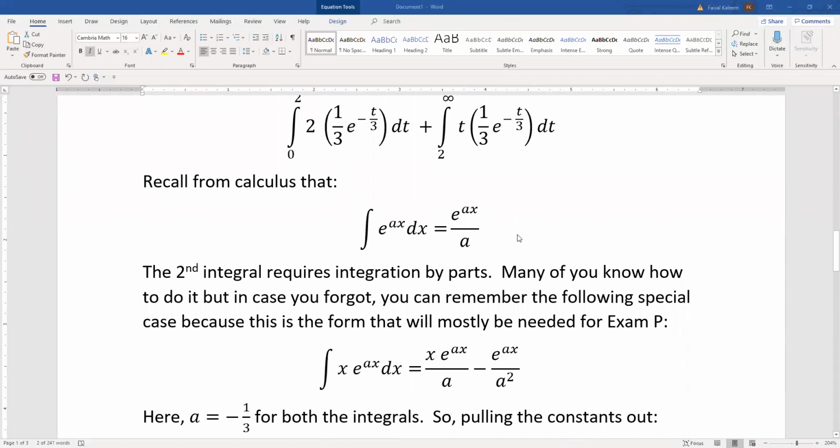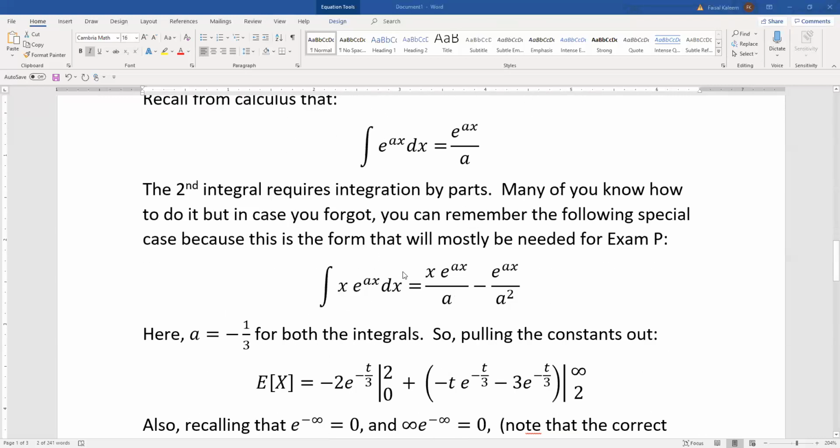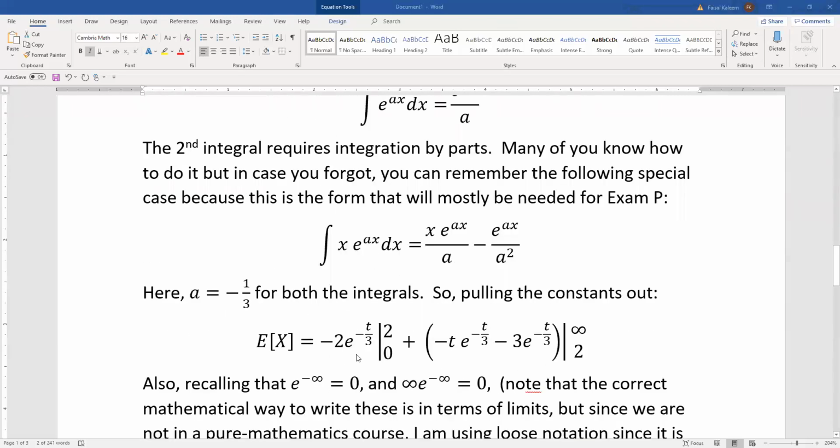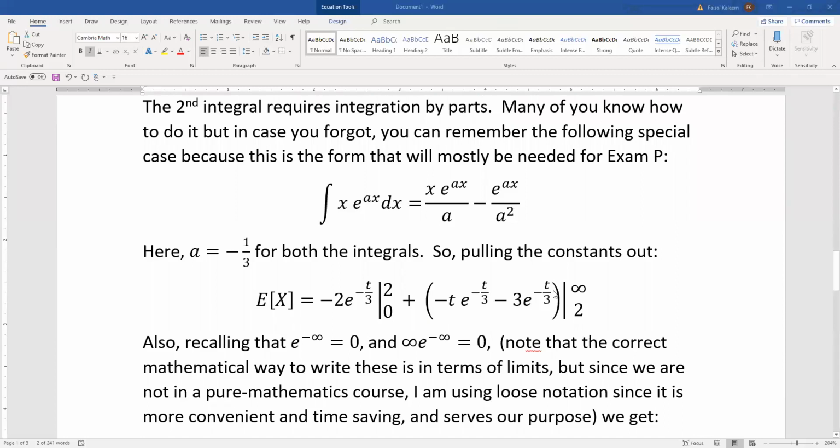Using this formula for both parts, and pulling out the 2/3, the first integral from 0 to 2 ends up being negative 2e to the negative 2/3 plus 2. I've separated the second integral by parentheses, and it ends up being this, from 2 to infinity.